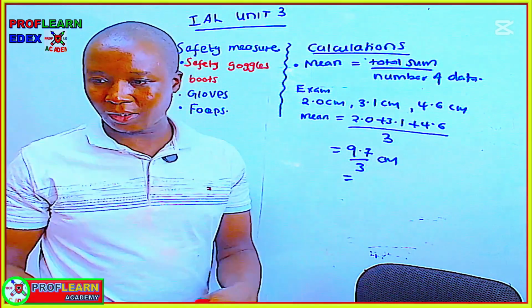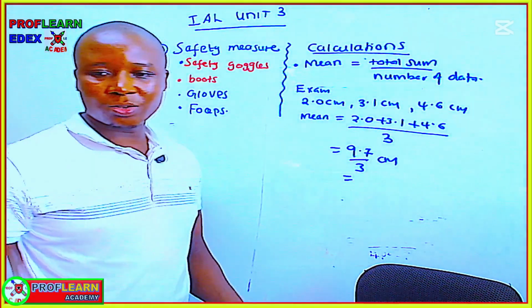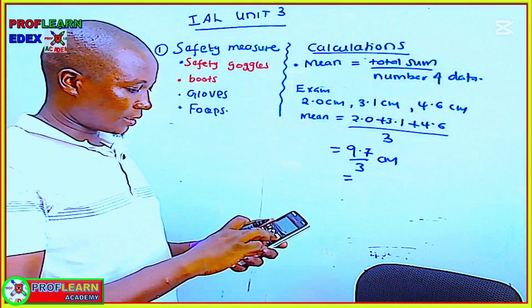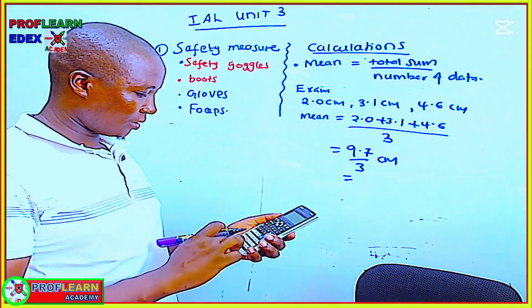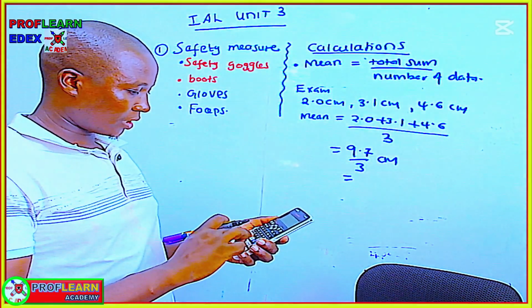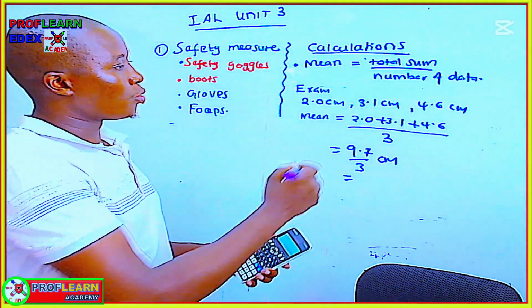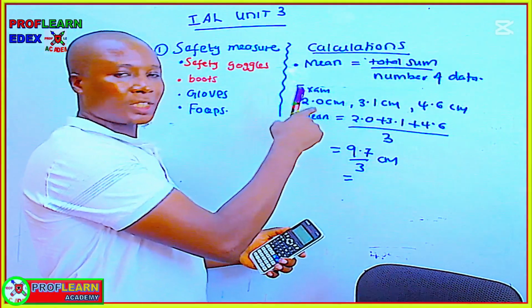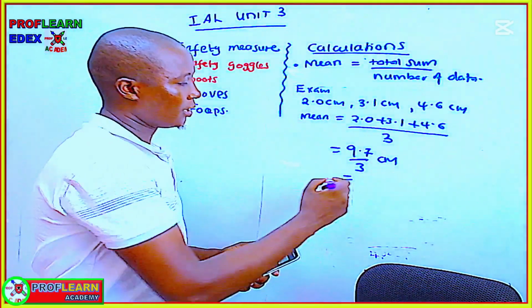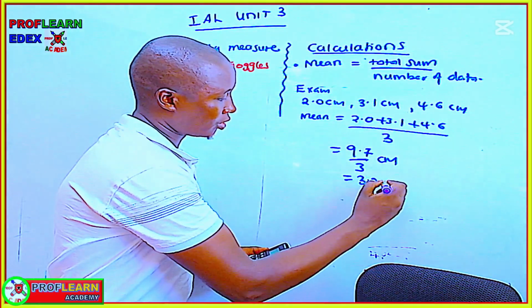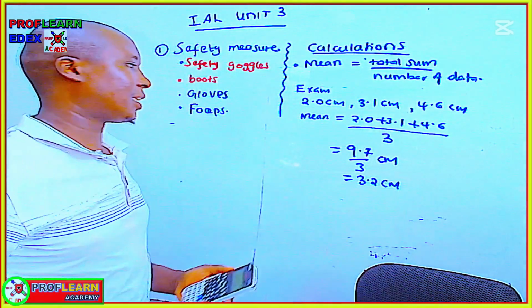You can put that in your calculator. 9.7 divided by 3 translates to 3.2. You must give your answer correct to the number of significant figures provided here, and that will be 3.2 centimeters.